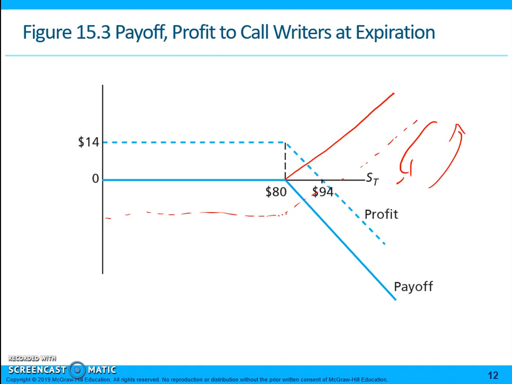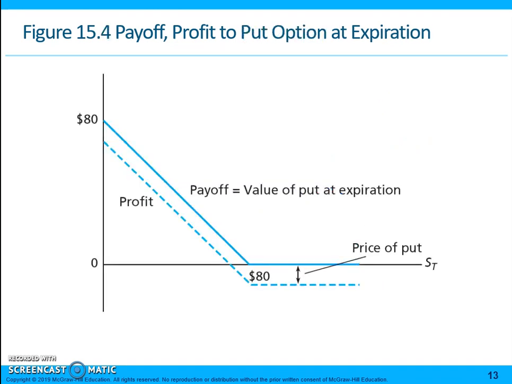I'm not sure why, but the slides do not include a put from the writer's perspective, but I'll draw it in, and hopefully that'll show you what's going on. So this is a put option bought.